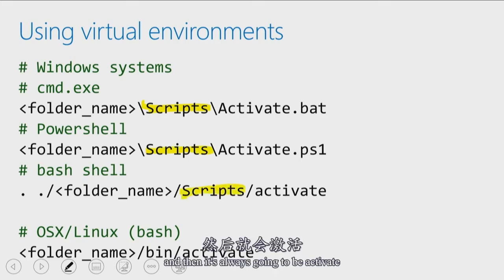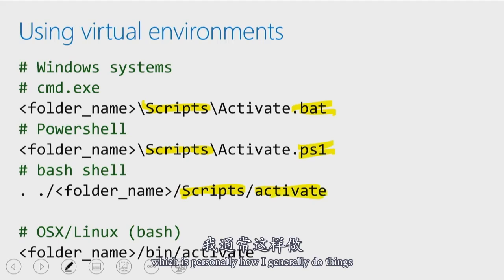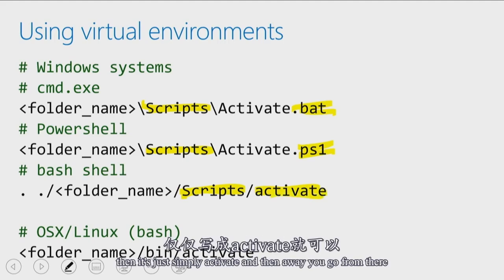And then it's always going to be activate. It's just going to vary on the extension. If you're using a command line, it's going to be a batch file. If you're using PowerShell, it's going to be a PS1 file. And if you're using a bash window, which is personally how I generally do things, then it's simply activate, and then away you go from there.